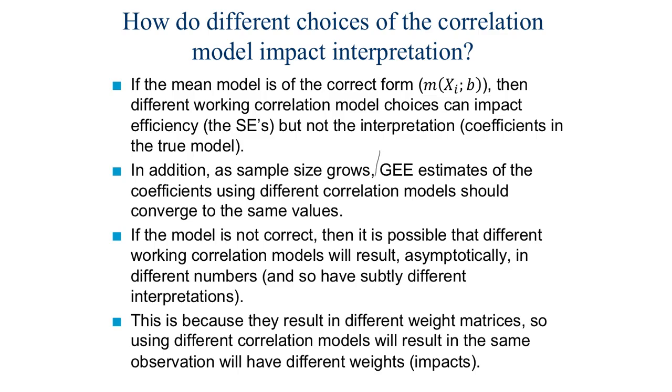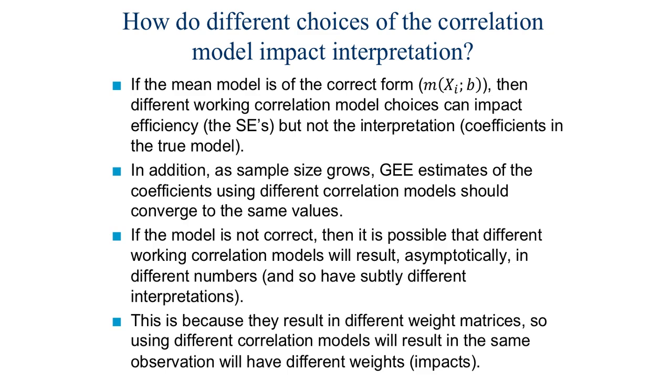So here's the standard lesson you get in most papers or chapters on GEE. Typically they will assume, when they teach GEE, that the mean model is the right form, not necessarily that the variance model is correct, but that the mean model is the right form.